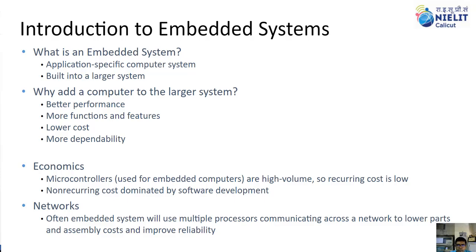For certain applications, embedded systems use multiple processors communicating across a network to lower parts and assembly cost and improve reliability. For wireless sensor applications, we will be using a network of embedded systems, especially IoT kind of applications.